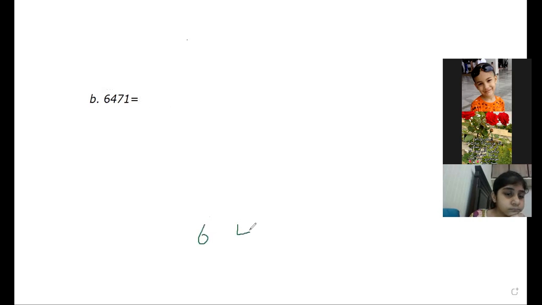Now we have to write how many thousands, hundreds, tens and ones we have. You can see 6, 4, 7, and 1. Starting from the right side: ones, tens, hundreds, and thousands.